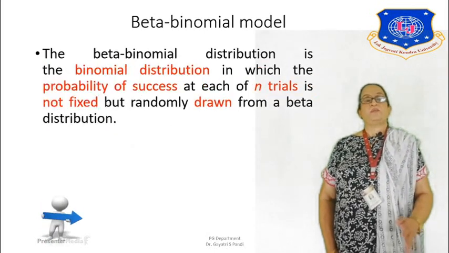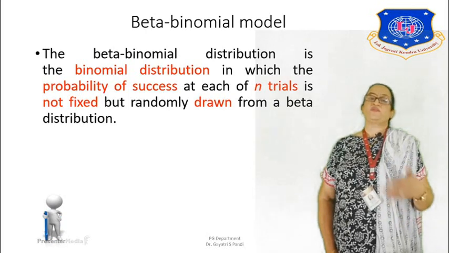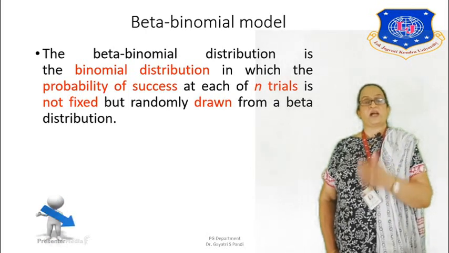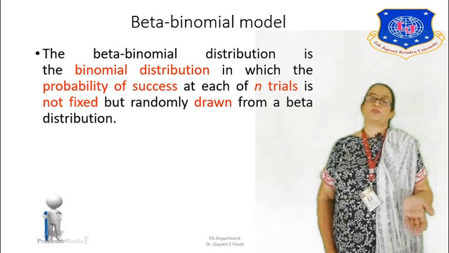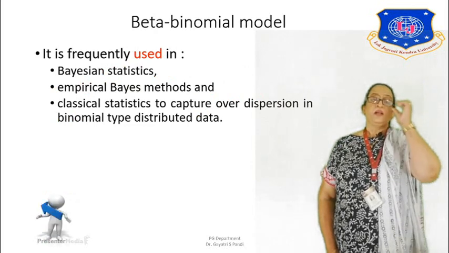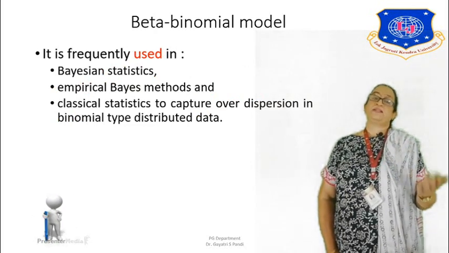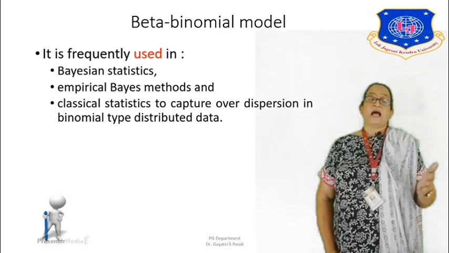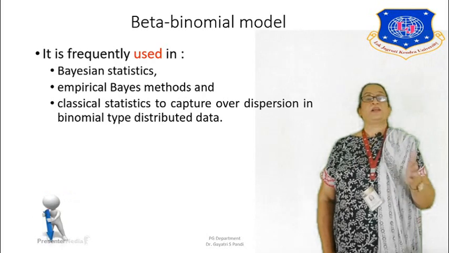The beta binomial distribution is a binomial distribution in which the probability of success at each of n trials is not fixed but randomly drawn from a beta distribution, represented as Beta(A, B). It's frequently used in Bayesian statistics, empirical Bayes methods, and classical statistics to capture overdispersion in binomial type distributed data.